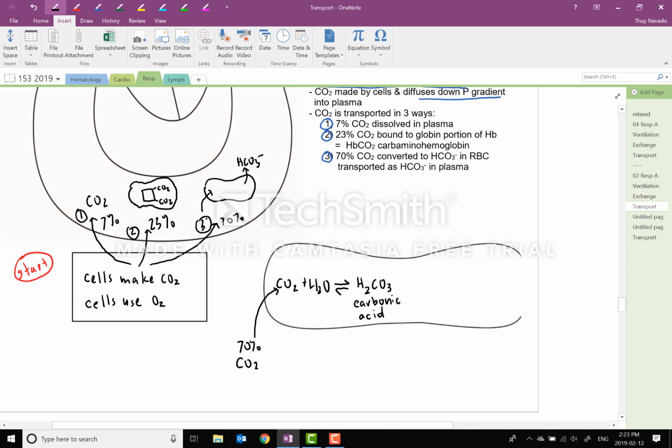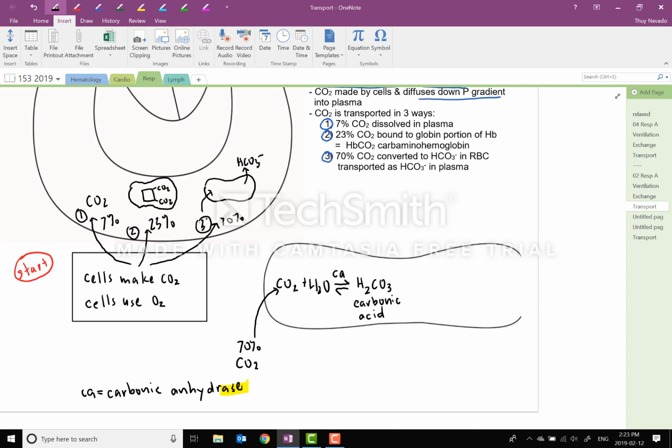It can happen just by itself, but if there was an enzyme available, and this enzyme actually is carbonic anhydrase, and CA stands for carbonic anhydrase. Notice it ends in ASE, so that's the enzyme. The enzyme makes it happen about at least 10,000 times faster.